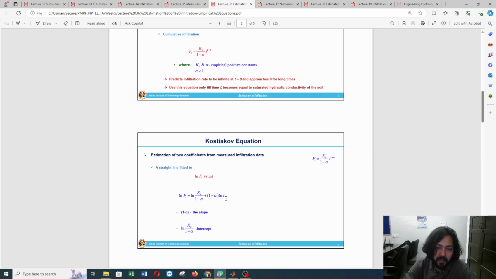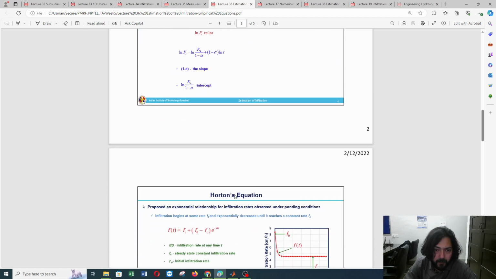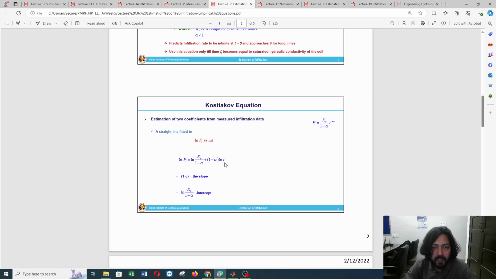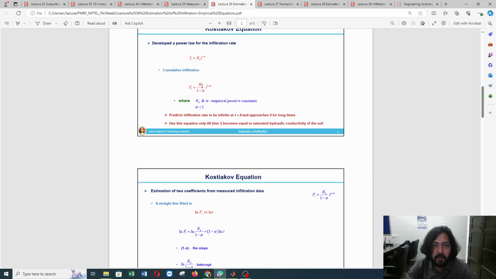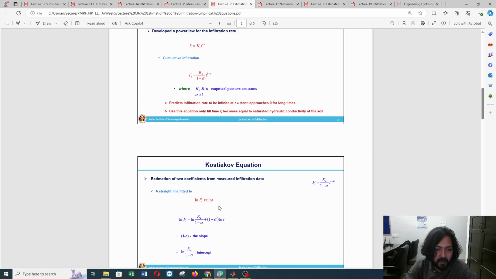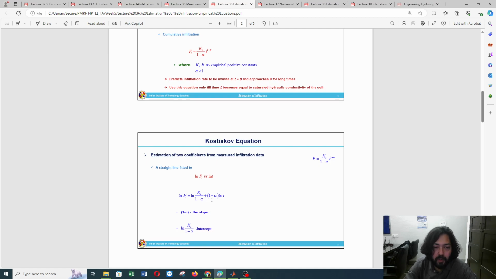And the next term is nothing but mx, because it's the product of m with respect to time. So 1 minus alpha represents the slope. Whenever we are solving any of the empirical equations, the first thing to do is to simplify those equations. Remember the equation and simplify it by taking natural log on both sides and converting it into a straight line equation, because that is what we are going to plot.